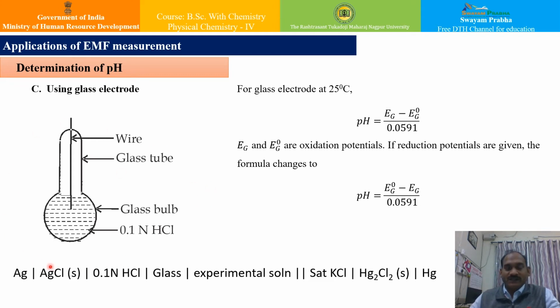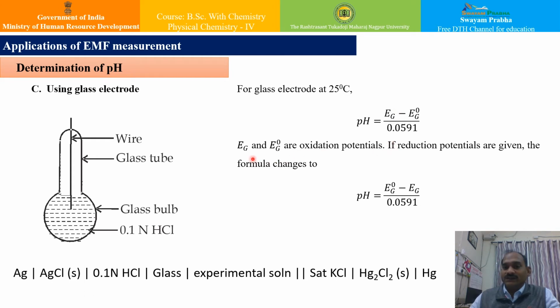You can see over here the shape of the glass electrode, wherein the 0.1 normal HCl is filled into it, and the platinum or silver wire is dipped into it. So I can utilize this particular expression. I know the standard EMF of it, and I can measure the EMF of this electrode.